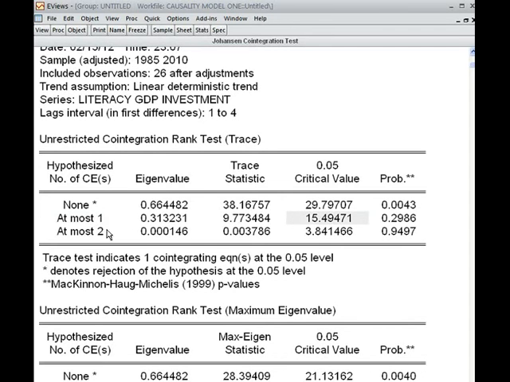And what is it? There is at most one cointegrated equation. And you can see from here the decision. Trace test indicates one cointegrated equation at 5% level. Why 5%? It is from here, critical value, right? At 5% level.